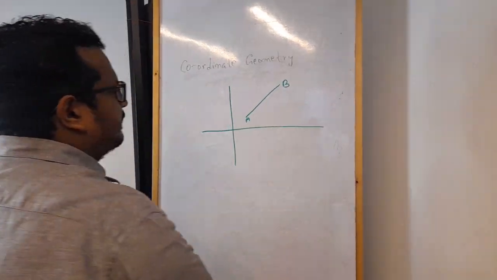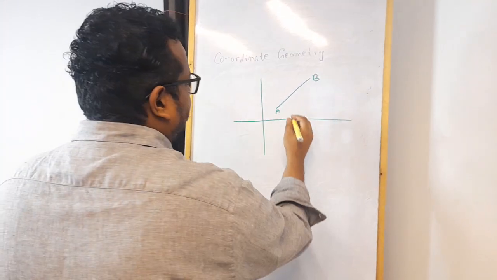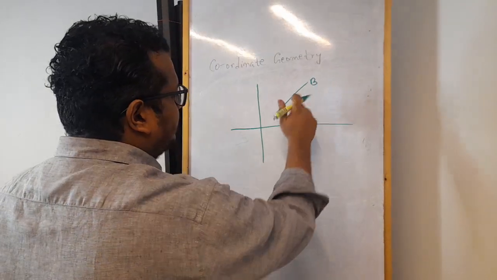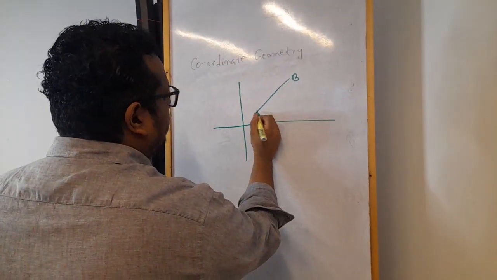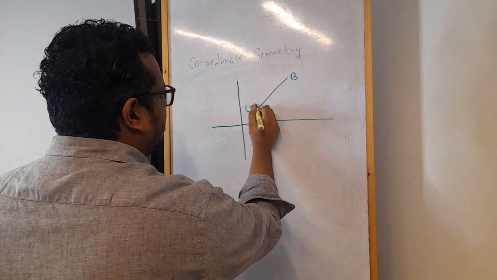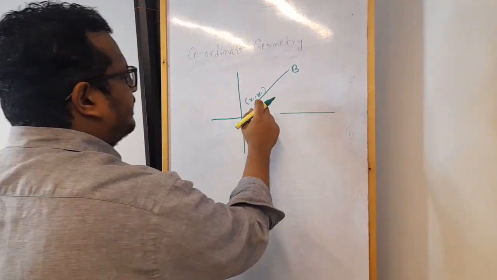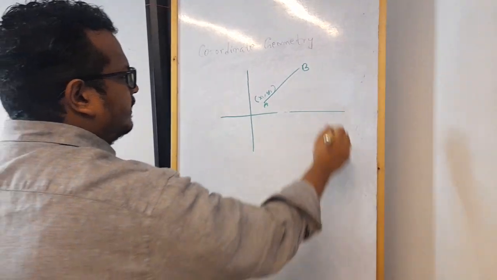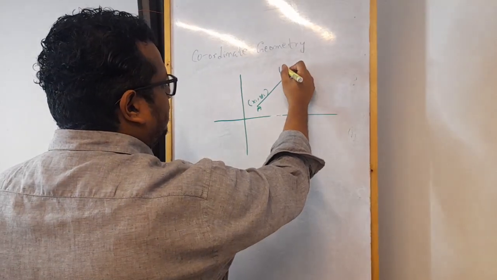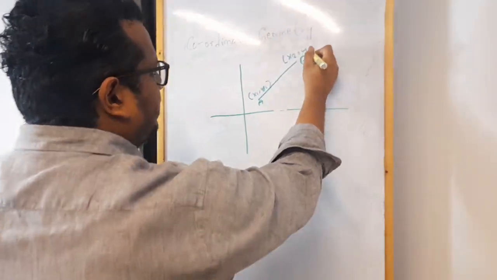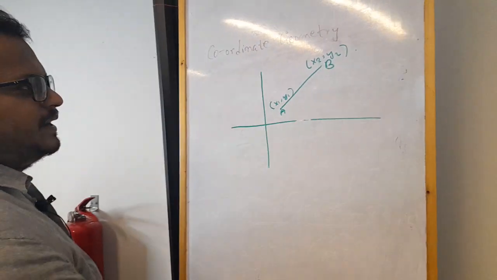So if you were to find the length of this side AB, and you had two coordinates, suppose the coordinates of A are x1, y1 and the coordinates of B are x2, y2, how would you find this?